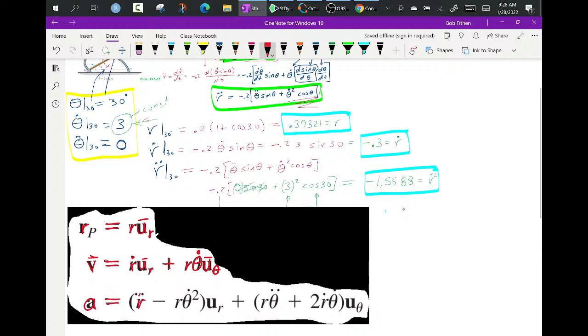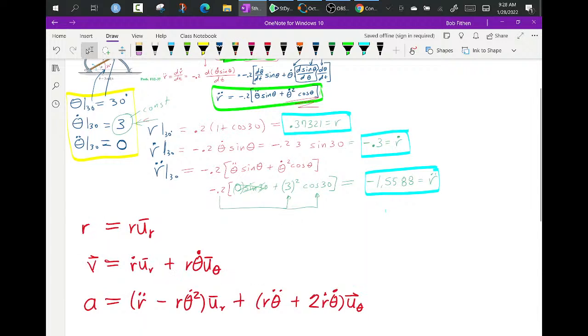Acceleration is equal to R double dot minus R theta dot squared U_R plus R theta double dot plus 2 R dot theta dot U_theta. And I think I did a decent job, so now I'm going to remove it.